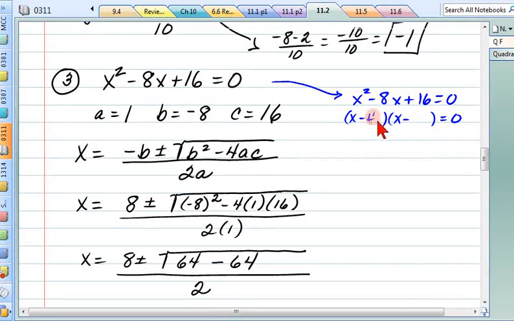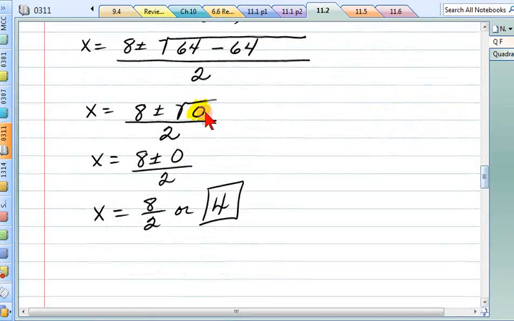It's going to be 4 and 4, which means x is 4, x is 4. So I got the same answer. I got the 4 twice when I did it by factoring, and if I was crazy and wanted to do completing the square, I'd still get 4 twice. Okay, so that happens sometimes when you get 0 as the radicand. Okay?